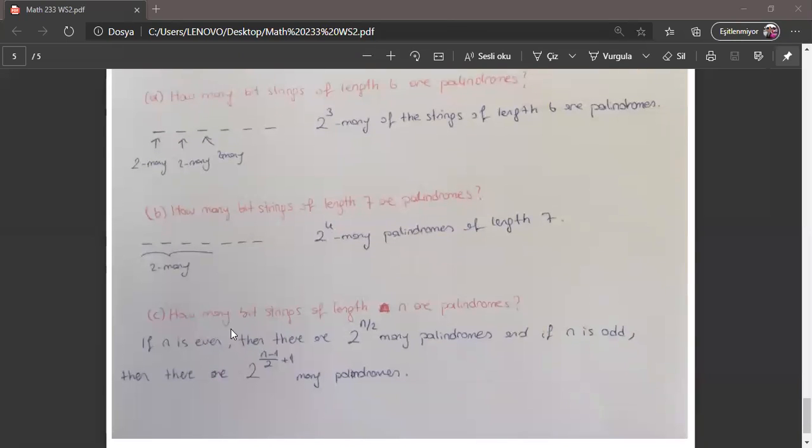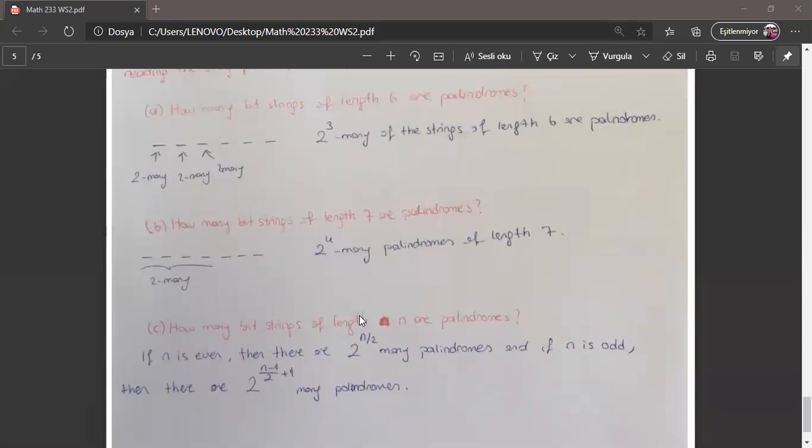So now we want to compute again the number of palindromes, but now the length is n. We have 2 cases. If n is even, as there we had even length, how did we compute that?